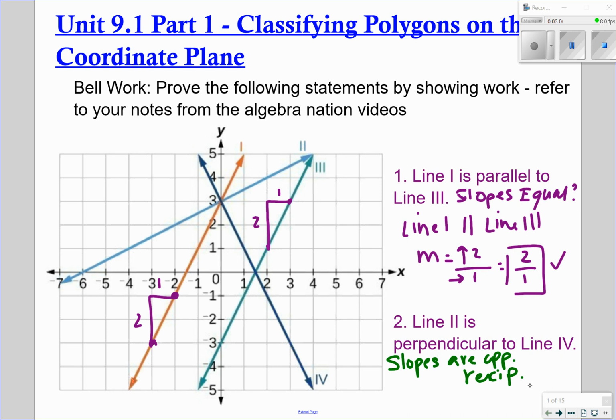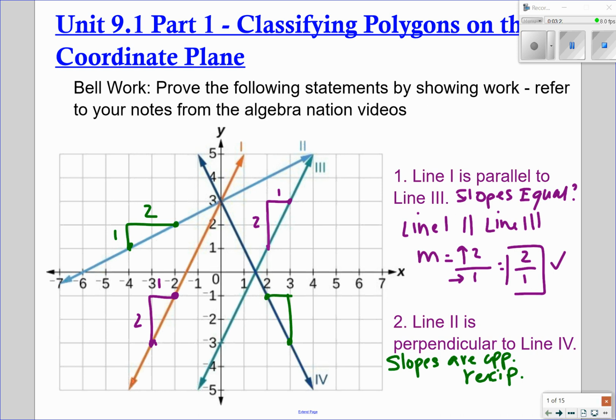Here's a nice point. Let's start with line 2. Here's a nice point on line 2, and here's another nice point. Our slope this time is up 1 and then over 2. If we go down here to line 4, here's a nice point, here's a nice point. Our slope this time is up 2 and over 1.